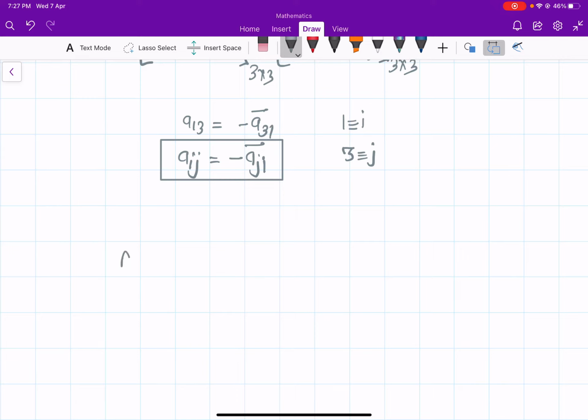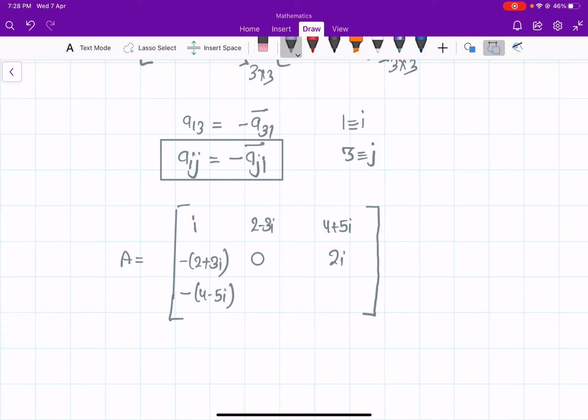So the example of a skew Hermitian matrix: A is equal to i, 2 minus 3i, 4 plus 5i. The next row will be minus of 2 plus 3i, 0, 2i, and minus of 4 minus 5i, 2i, and minus 3i.